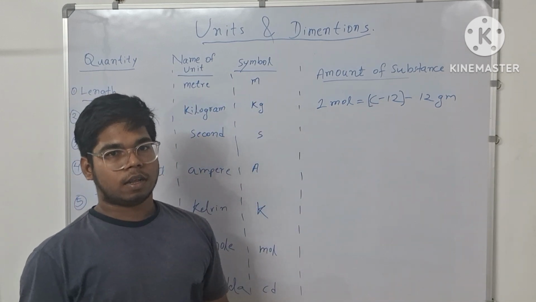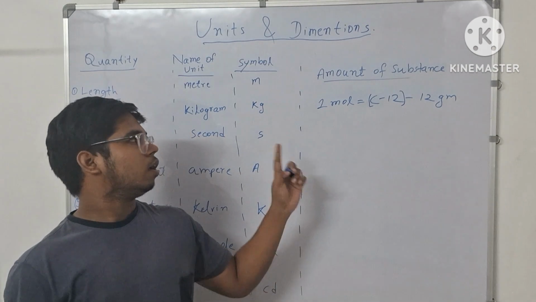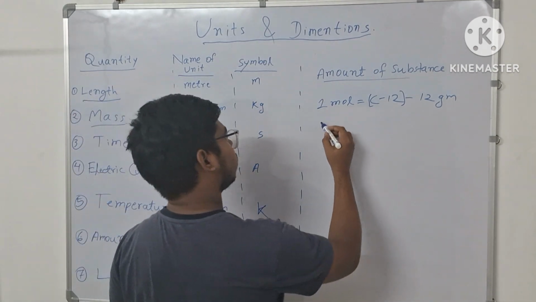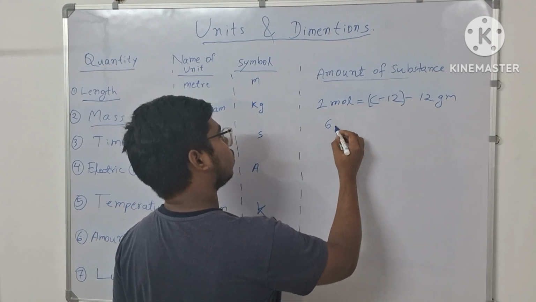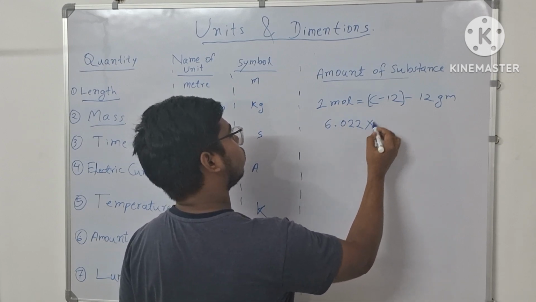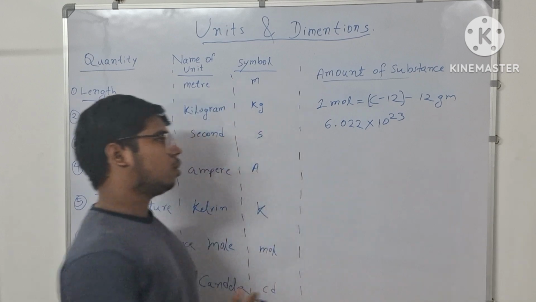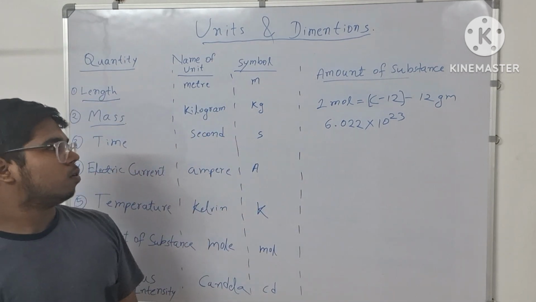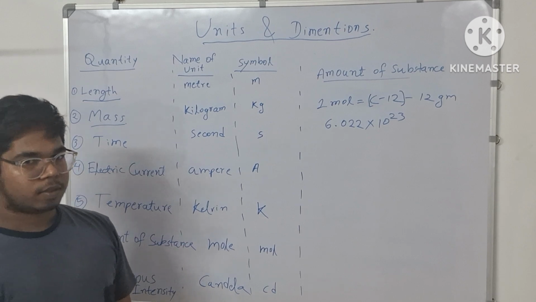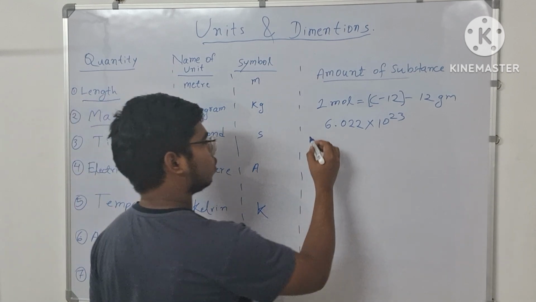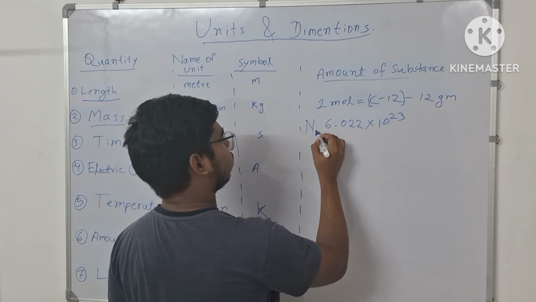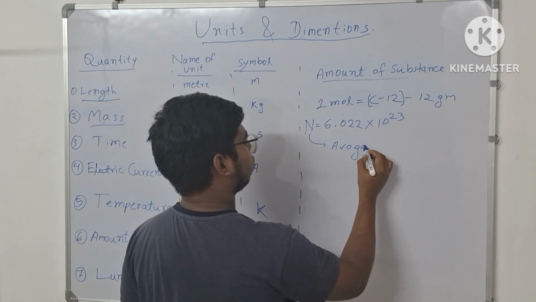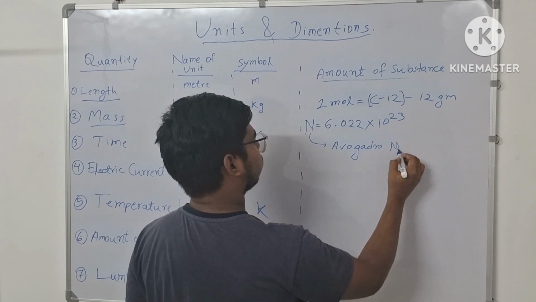This number is approximately 6.022 into 10 power 23, and it is also known as Avogadro's number, denoted by N.